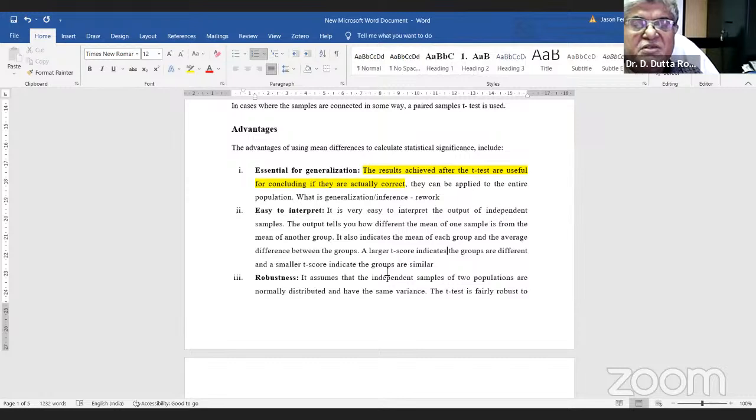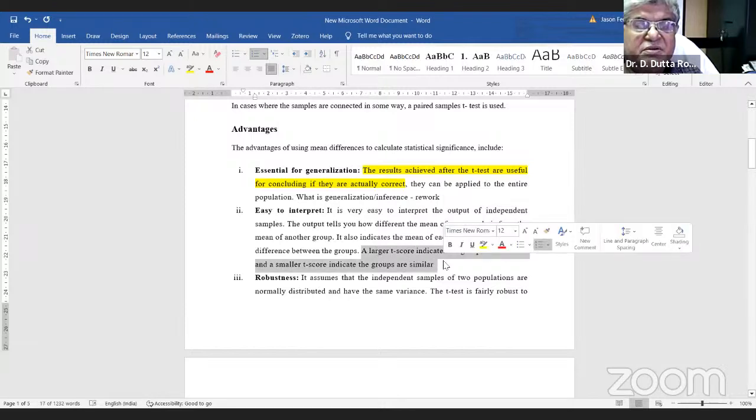Maybe the T-score is high, but it is not higher than 1.96, say 1.58. So in that context, we cannot say this. So this is not clear and easy to interpret.